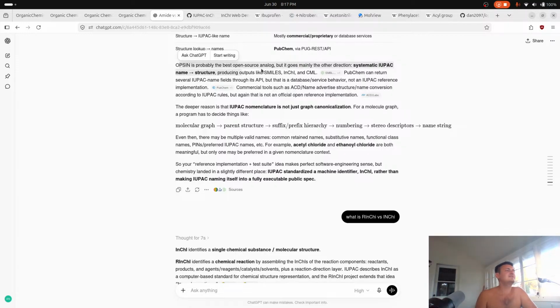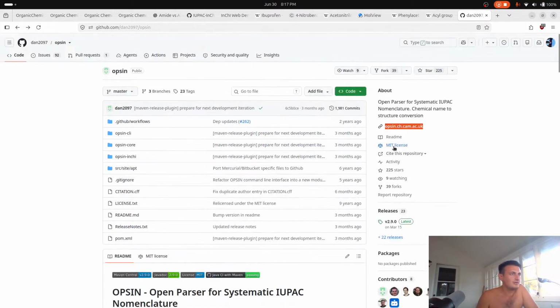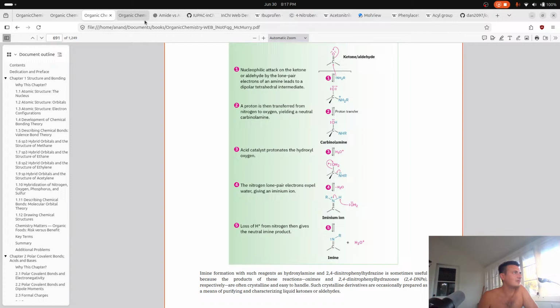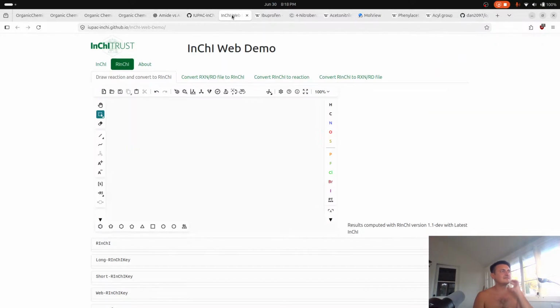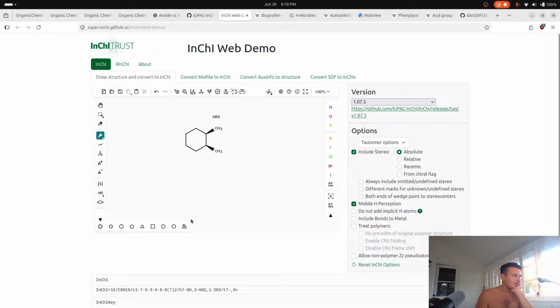Oh wait, but OPSIN doesn't even do what I want. Name to structure convert. I mean that's cool, but we want the inverse mapping more importantly. Oh, it's a reaction specification. That's pretty cool, actually.